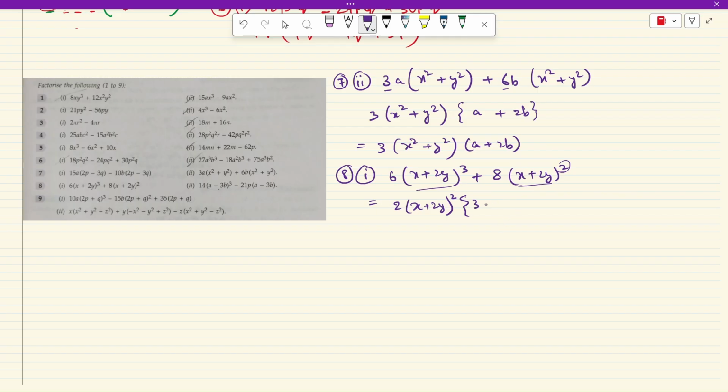This will be 3. 1(x plus 2y) remains. Because over here you see 3 is the power and here 2 is the power. So you just subtract and 1 remains. Again 4. So this will be 2(x plus 2y) square, (3x plus 6y plus 4). Okay.